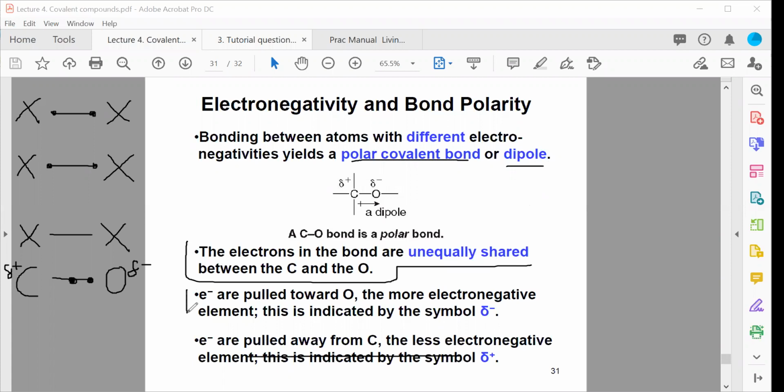The electrons are pulled towards the oxygen, which is the more electronegative element, with the higher electronegativity value, and the conferring of that partial negative charge is indicated by this delta negative. The electrons are being pulled away from the carbon, which is the less electronegative element, and that's indicated by this delta positive.